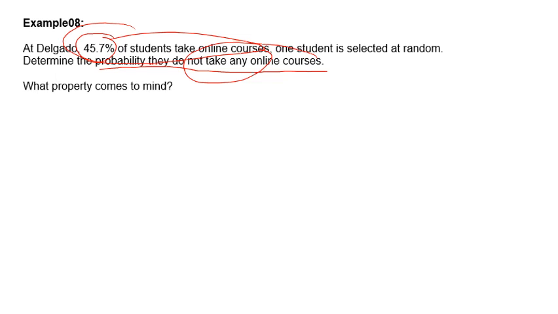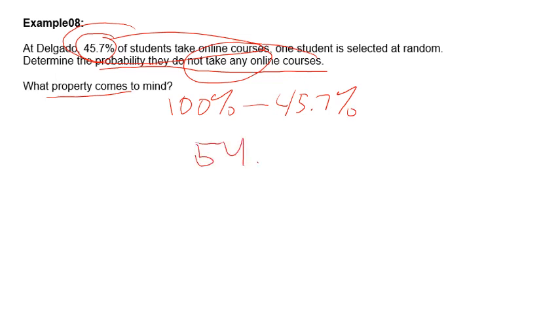Since they are opposites, our answer is simply the complement property, the opposites property. And so you take 100%, subtract from that the 45.7%, and here's your answer, 54.3%. All right, so that's not bad at all, huh?